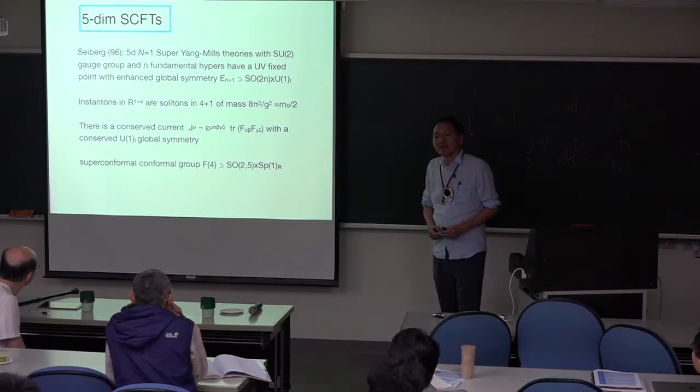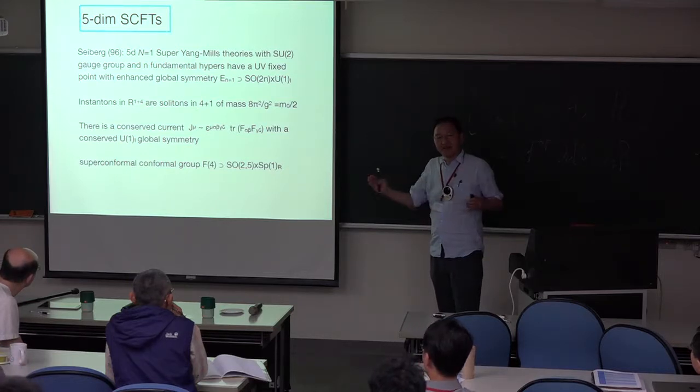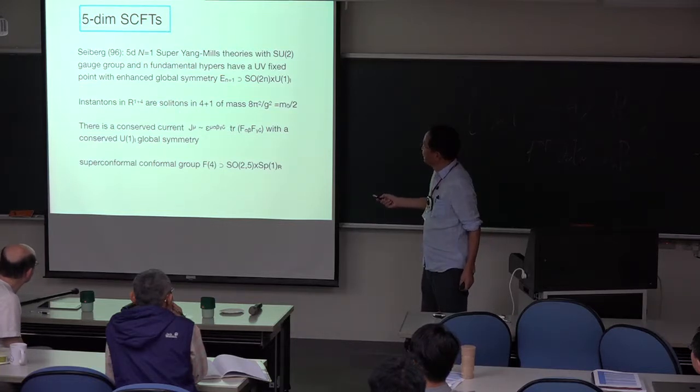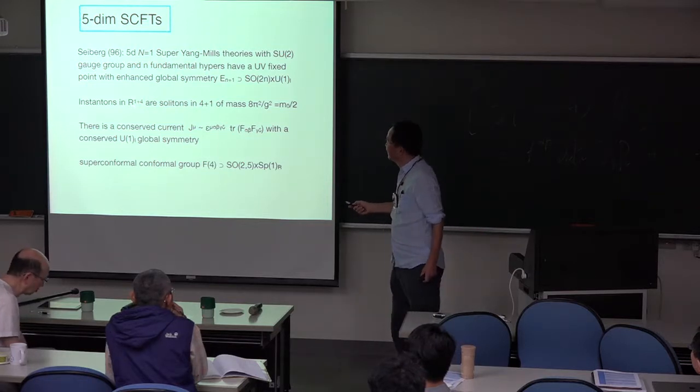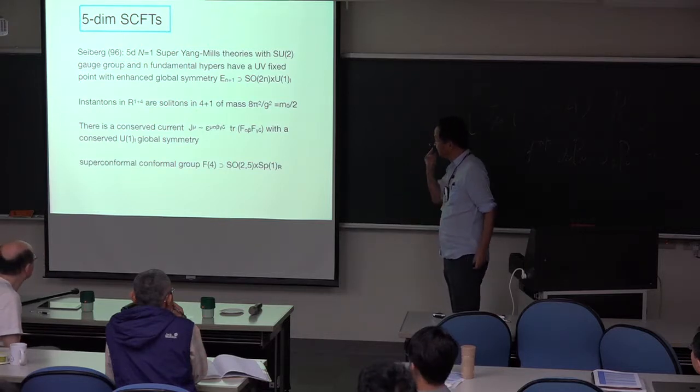Instantons in 4-dimensional space are Euclidean time solutions, which indicate tunneling between different vacua. However, in 5-dimensional theories, in 4-dimensional space, there are BPS solitons, and their mass is related to the inverse of the coupling constant.